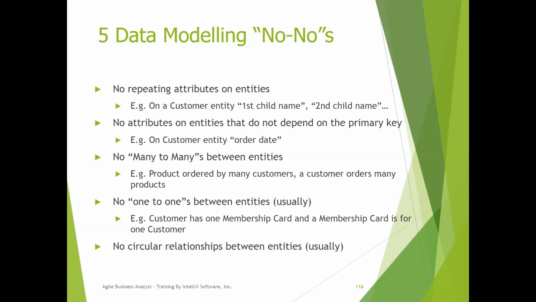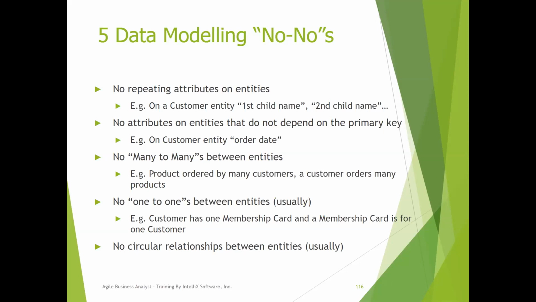You should not try to do first child name, second child name, third child name. The problem with that is you don't know how many kids they will have. You can't build a database which says I do only 4. What if somebody has 5 kids in the family? You have to constantly worry about adding so many fields, and half the time none of the information will be populated, because not everybody is going to have a 4th child. In a family, they may have 1 or 2 kids only.